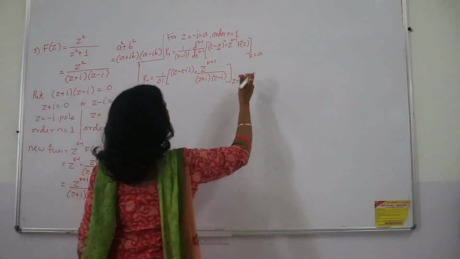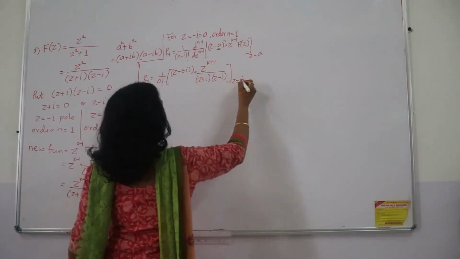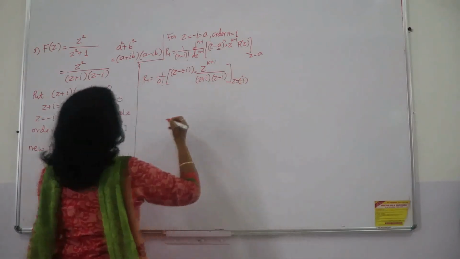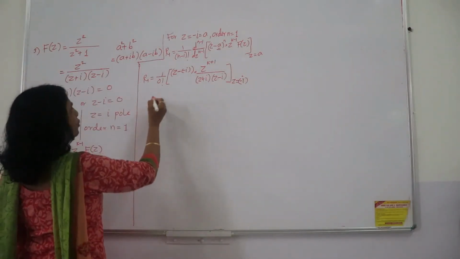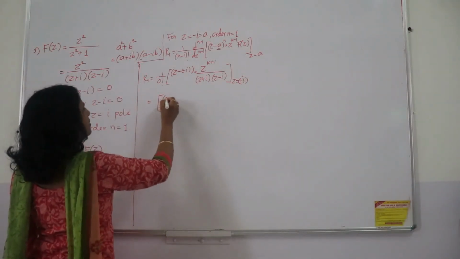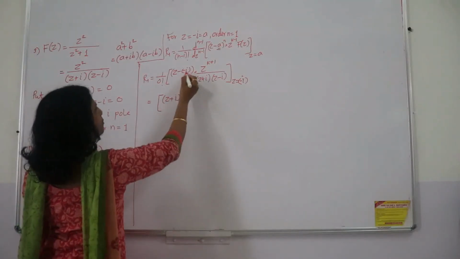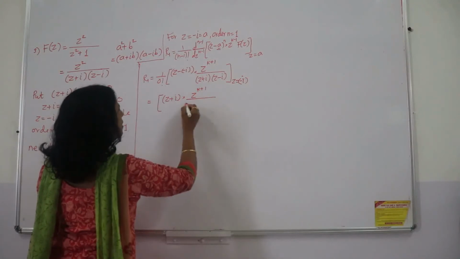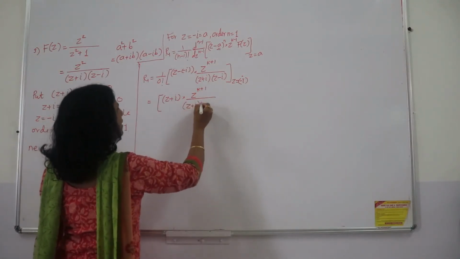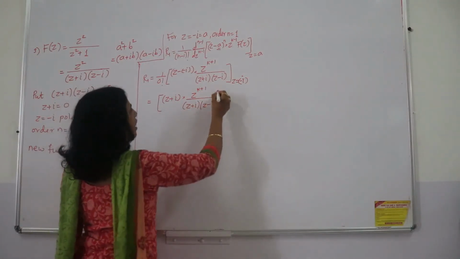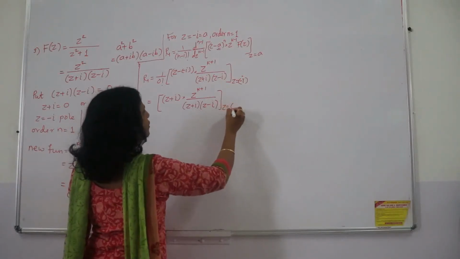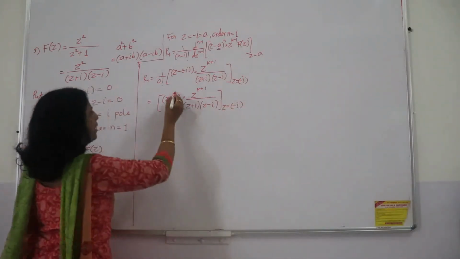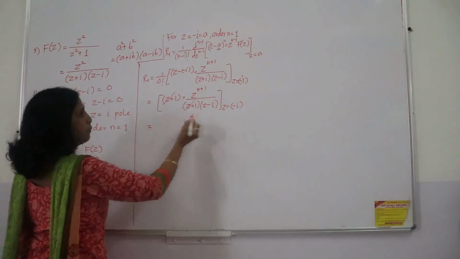Now a means it is minus i. So when I place the value, 0 factorial is 1. So here it is z plus i, this minus minus became plus, z raised to k plus 1, denominator is z plus i, z minus i, and then after this simplification I have to place z is equal to minus i. The bracket cancels, place the value.